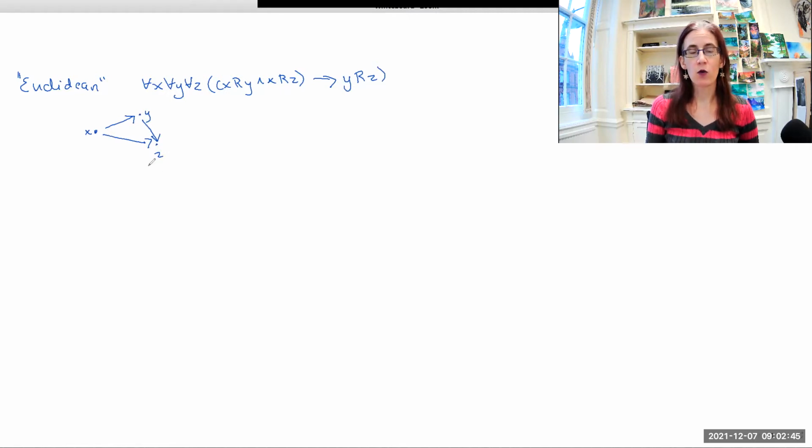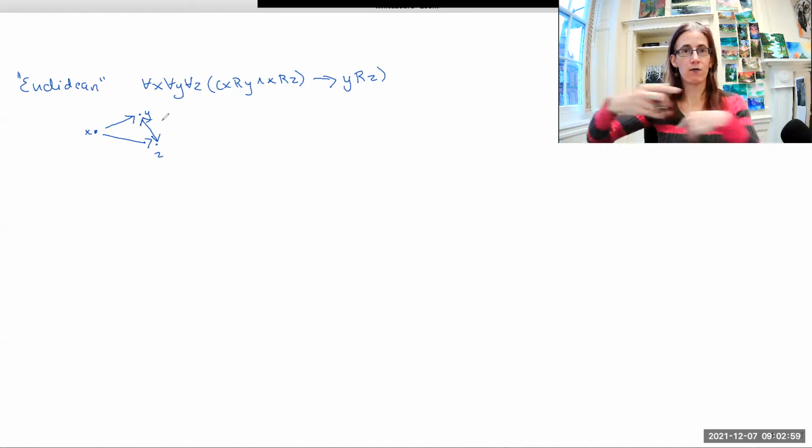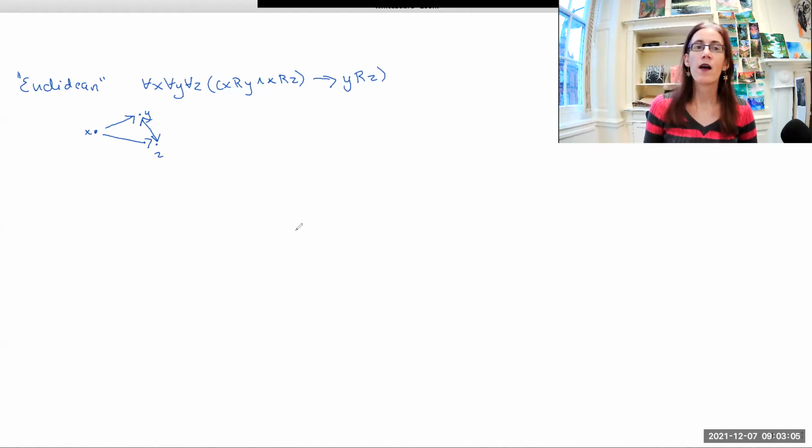But because this holds for any set of arrows, if x sees this world, if x sees this world, then this world will also see this one. So in the end, every time you have a branch, you've got arrows between the ends of the branch to pull it back to a triangle.